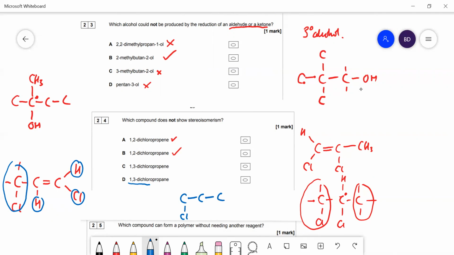Now that, unlike the 1,2-dichloro, this one doesn't show optical isomerism because the middle carbon there has got 2 hydrogens attached to it. It's also got 2 of those groups the same as well, aren't they? So that's not optically active, and obviously these carbons have got 2 hydrogens, so they're not either. So D is the answer.